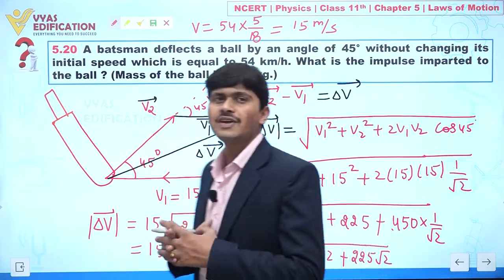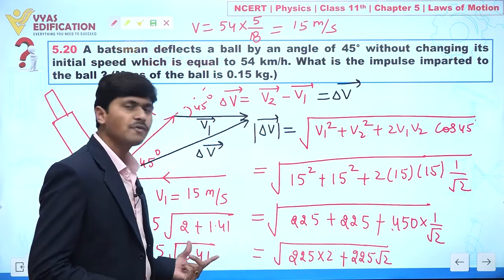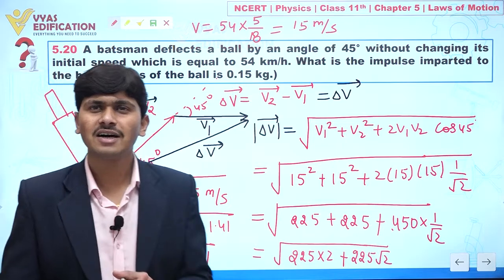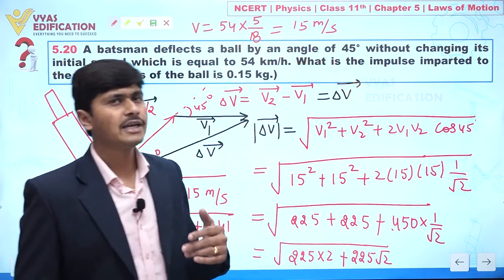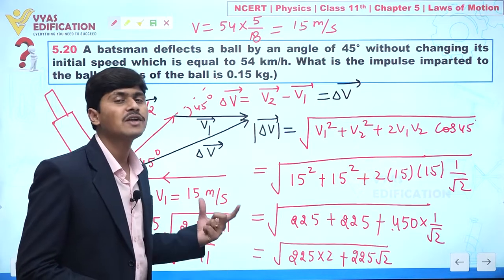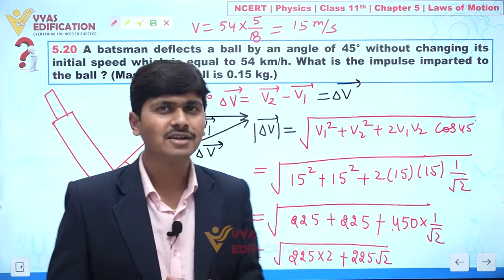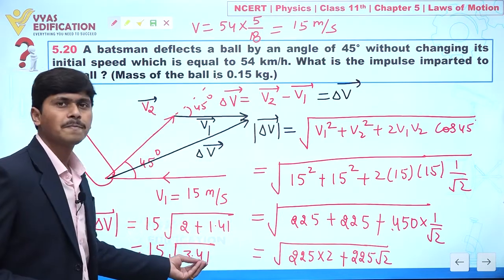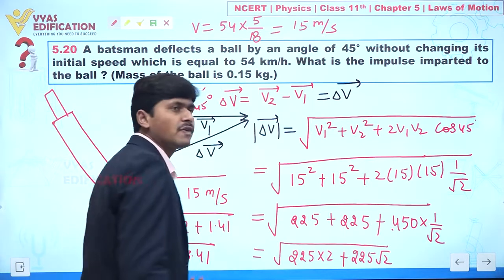Now, to calculate the square root of 3.41, we know that 18 squared is 324, and 341 is near that, so approximately it is 1.8.